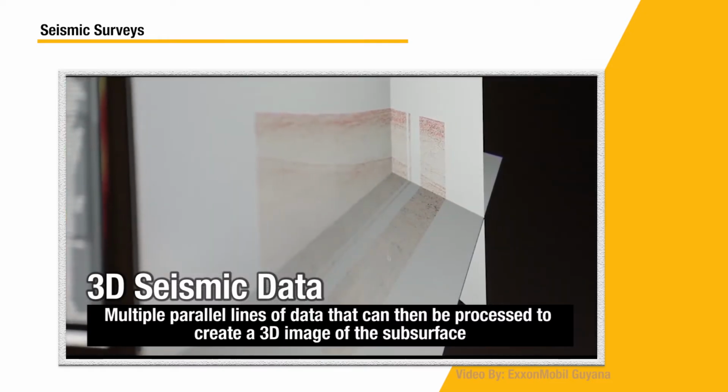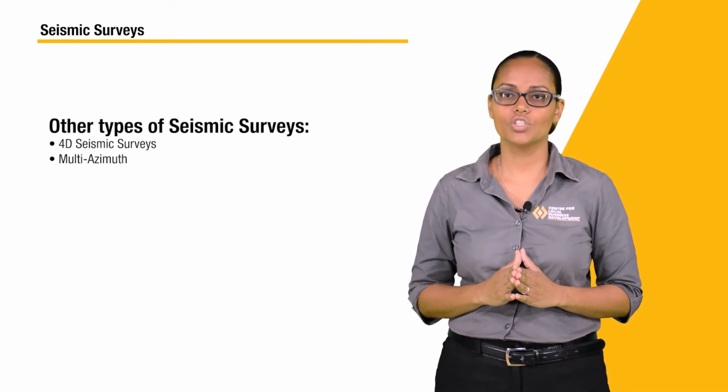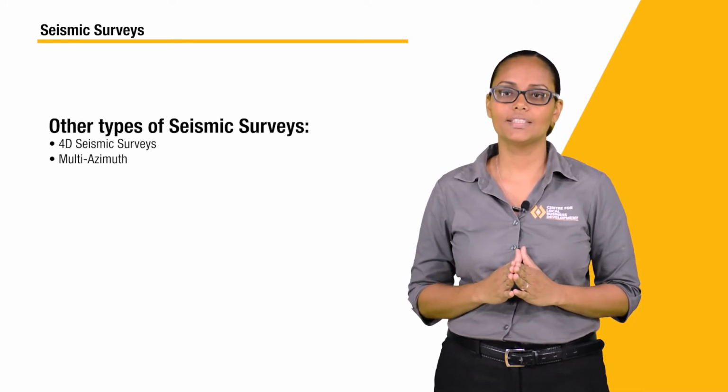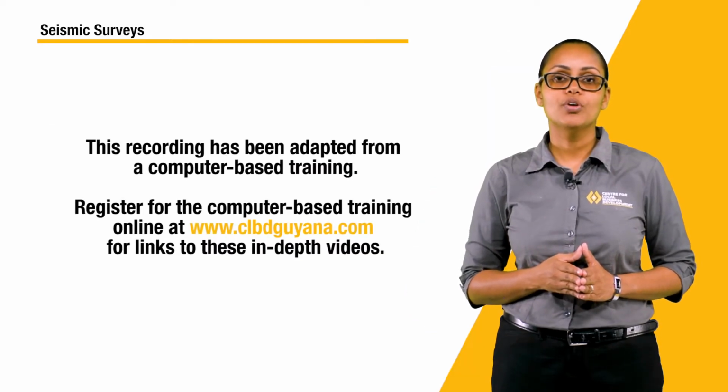In the 3D seismic data, there are multiple parallel lines of data. This is then processed to create a 3D image of the subsurface. There are also other types of seismic surveys, such as four-dimensional images or 4D and multi-azimuth. To further understand the seismic survey process, you can click on the link provided.